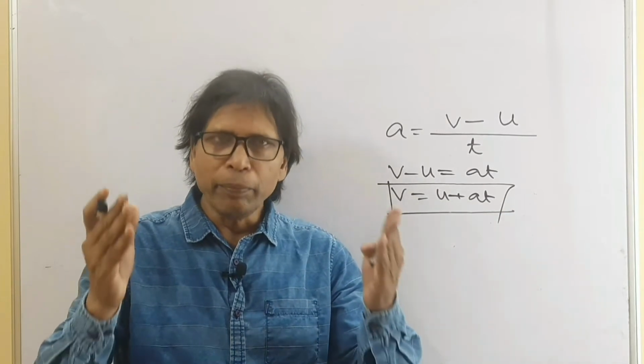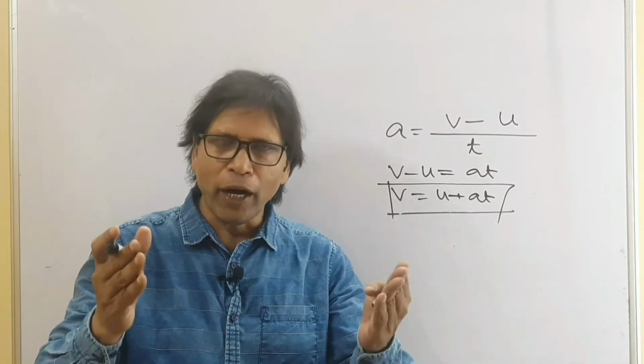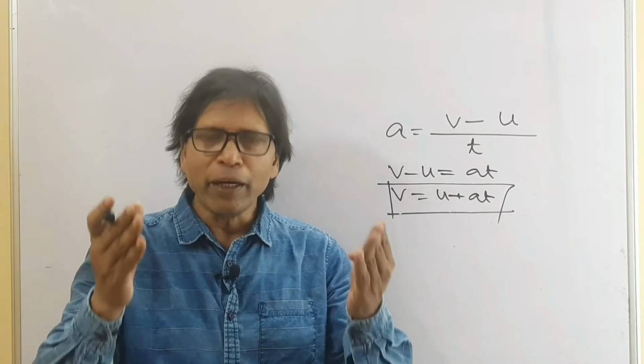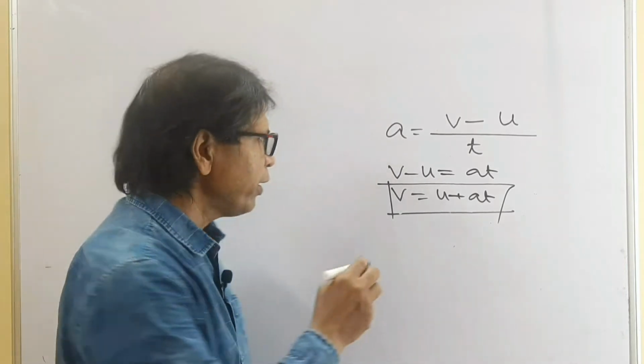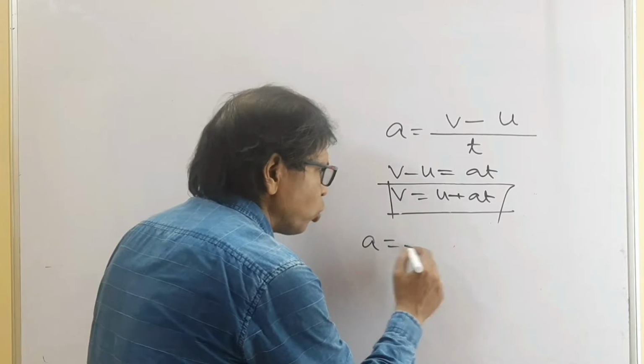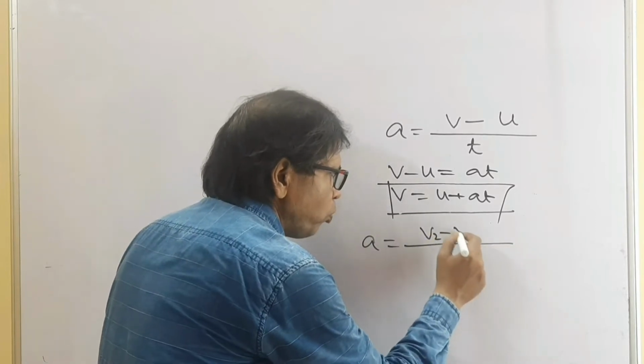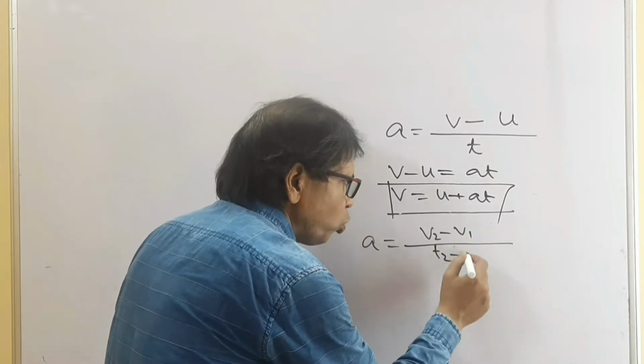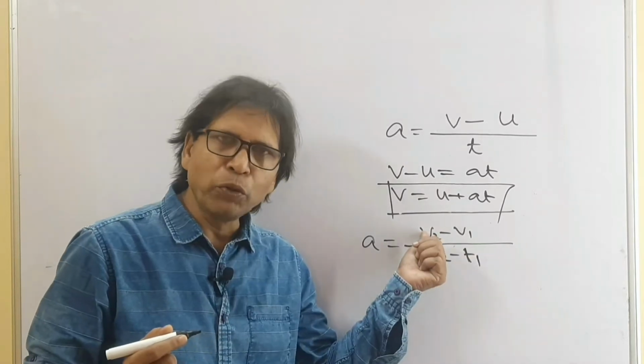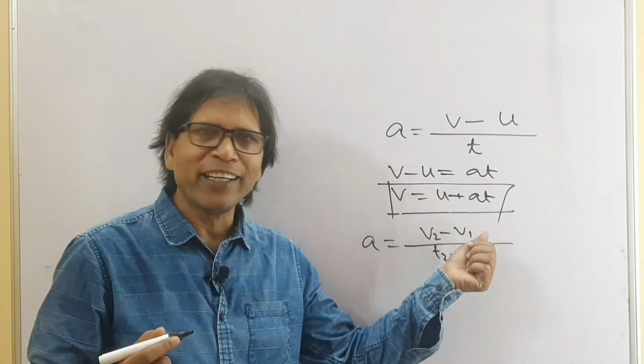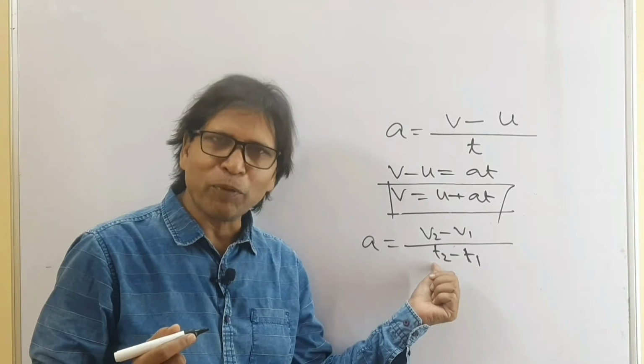Look at this. If velocity of a particle be v1 in time t1 and v2 in time t2, then acceleration a equal to v2 minus v1 divided by t2 minus t1. If v2 greater than v1, then acceleration is positive.